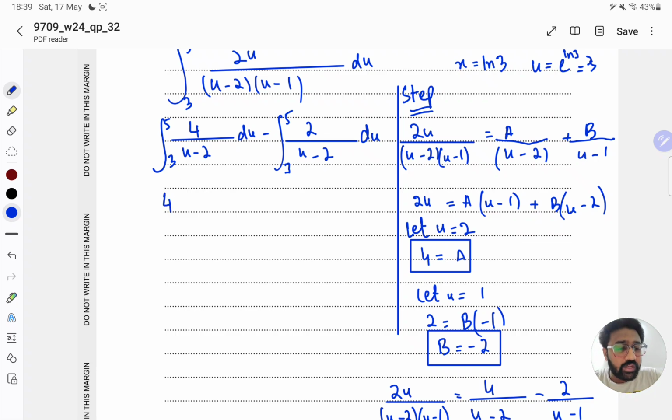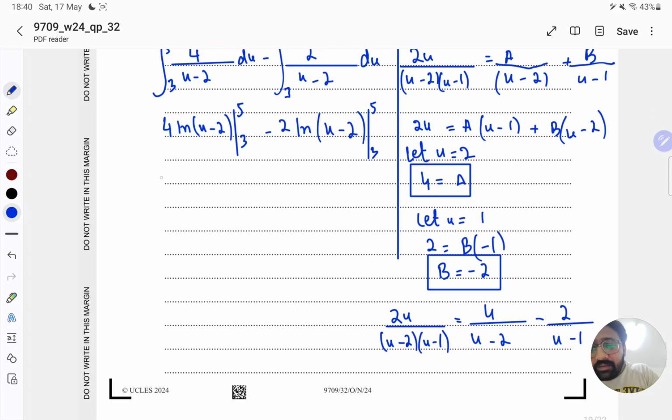The derivative of the denominator is already in the numerator, so it will be ln of u minus 2. The limits are 5 and 3. Similarly, for the next one, 2 is a constant. I'll take it outside, and ln of u minus 1, because the denominator derivative is already in the numerator, and the limits are 5 and 3.